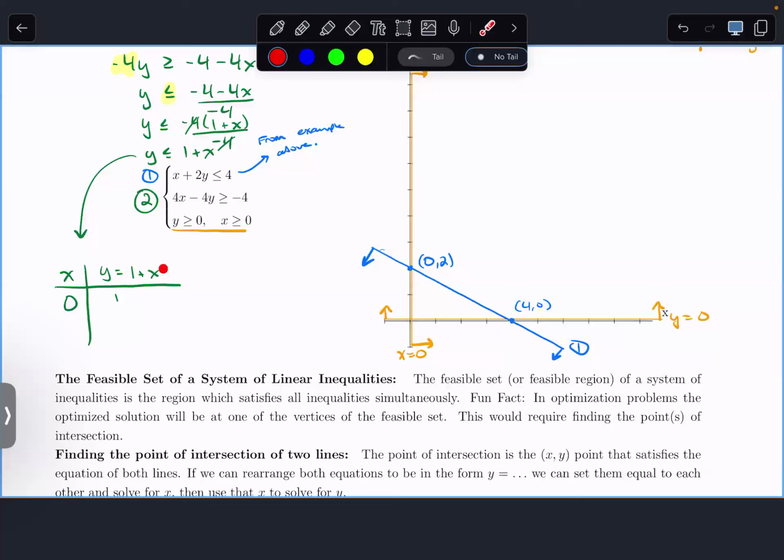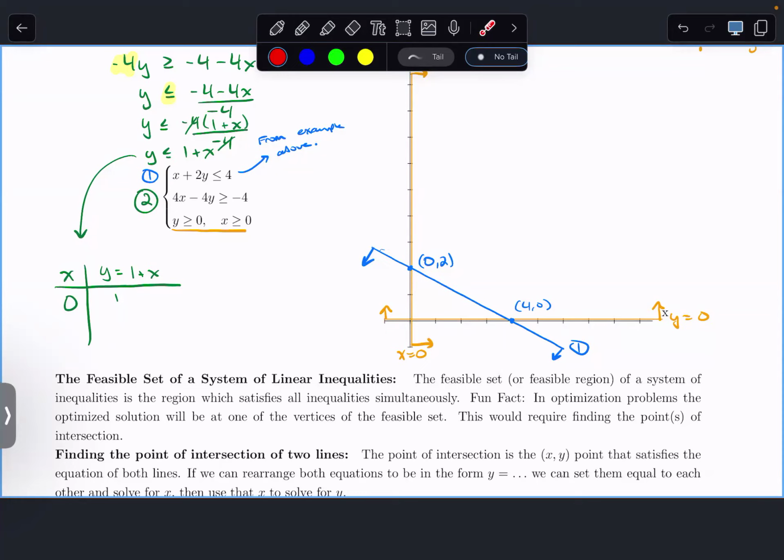But then I'd have to draw it over here, and that's fine. And so you could do that. Or what I like to do is just pick a value of x that's on here and then plot that point instead.